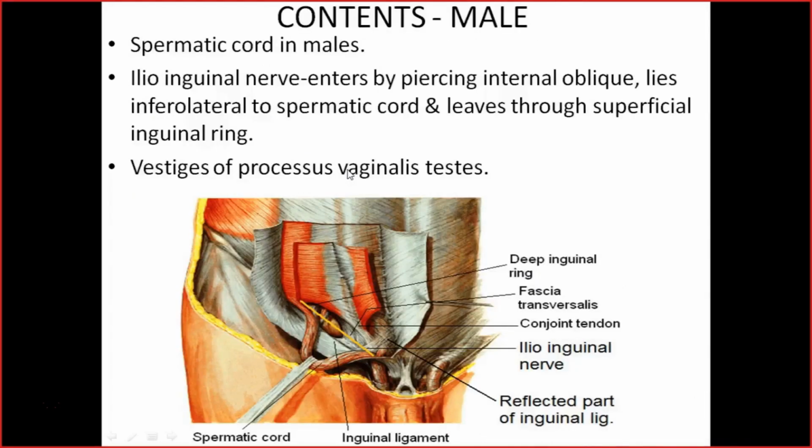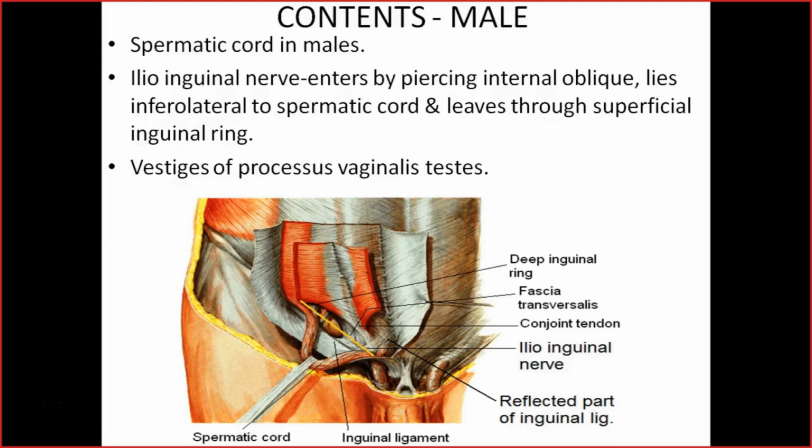So now, after boundaries, we have to deal with what are the structures passing through this inguinal canal. Okay, so those are called contents. These contents again will vary in males and females. In males it is mainly the spermatic cord and also the ilioinguinal nerve. Okay. In male there are two contents only you have to remember: spermatic cord and ilioinguinal nerve.